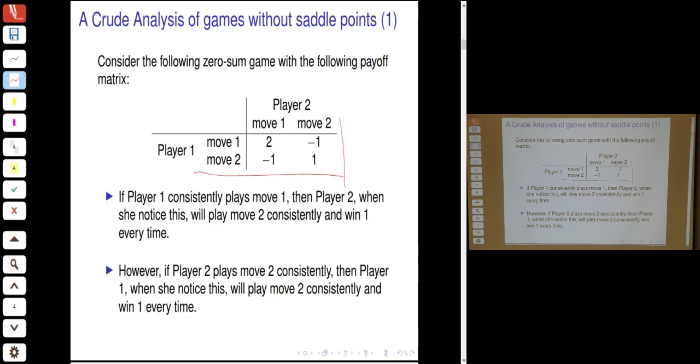Each player has two possible moves, move 1 or move 2, and again this is enumerated by the payoff matrix. Since it is a zero sum game, the payoff matrix is just the payoff for player 1.